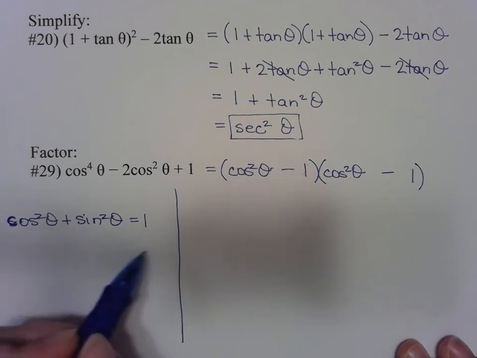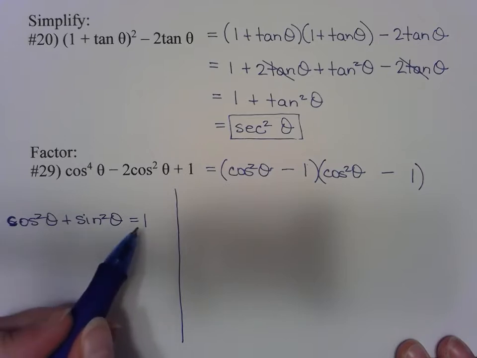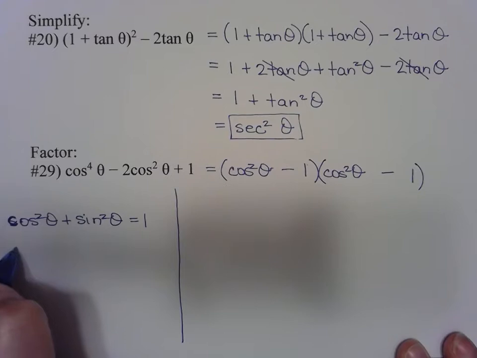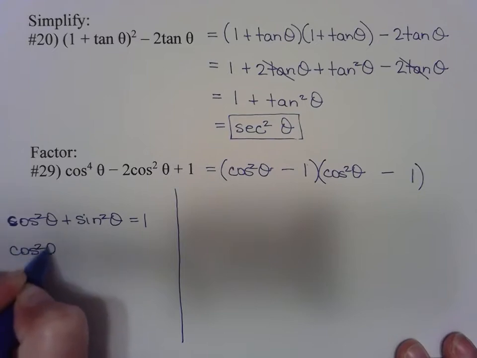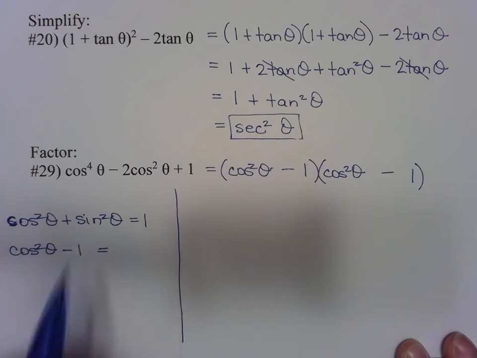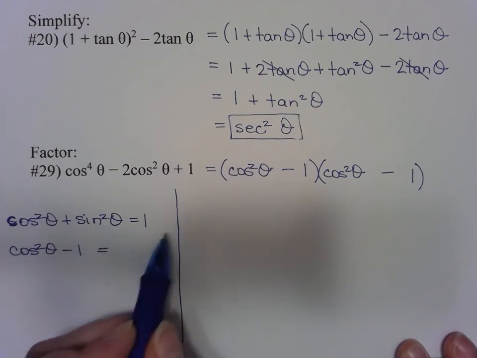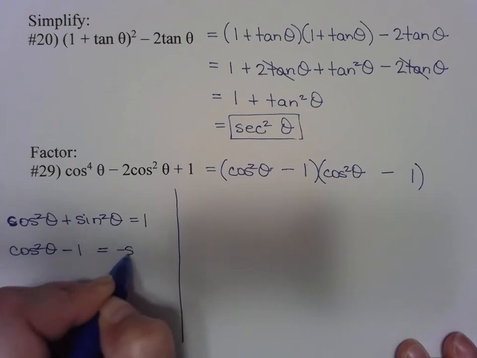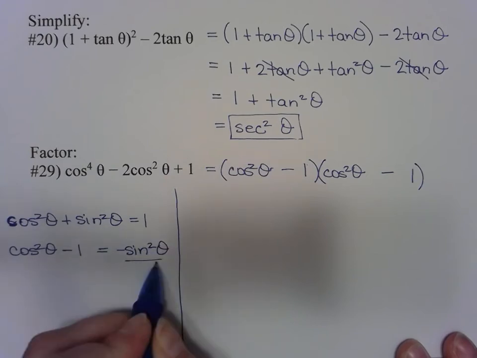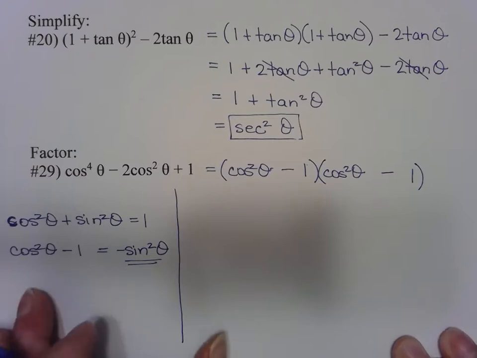So I could move the sine squared over to the right, and I could move the 1 over to the left, right? So I could do cosine squared of theta minus 1. Subtracted the 1 over, and I could subtract the sine squared over to the right-hand side. And that's kind of what I needed, right?